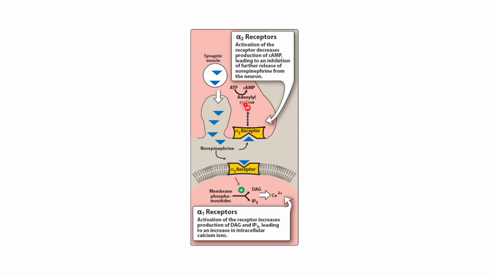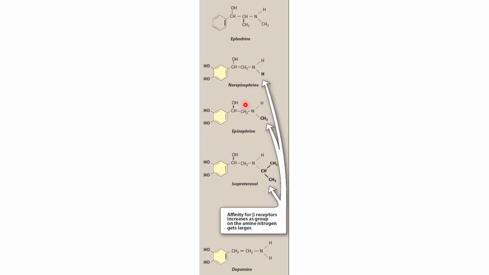Most of the drugs have some substitutes on the benzene ring, and that gives a selectivity to alpha or beta receptors, and also resistance to the enzymes that destroy the drugs.